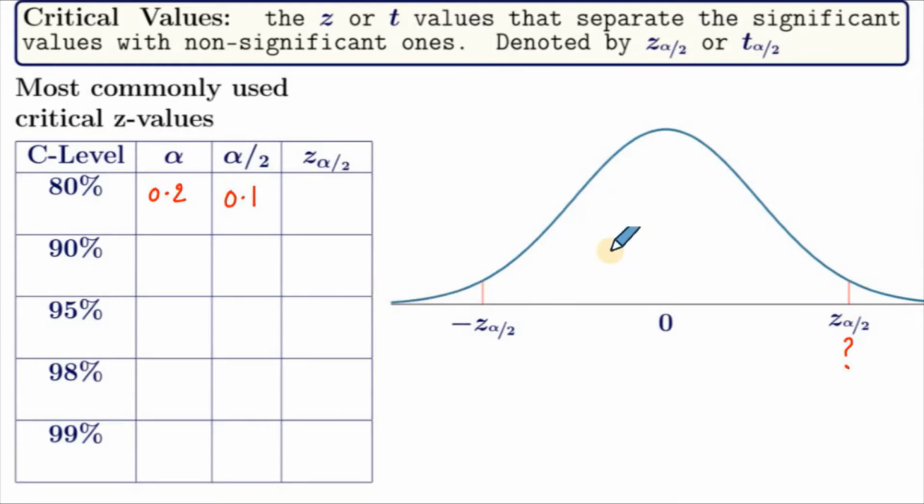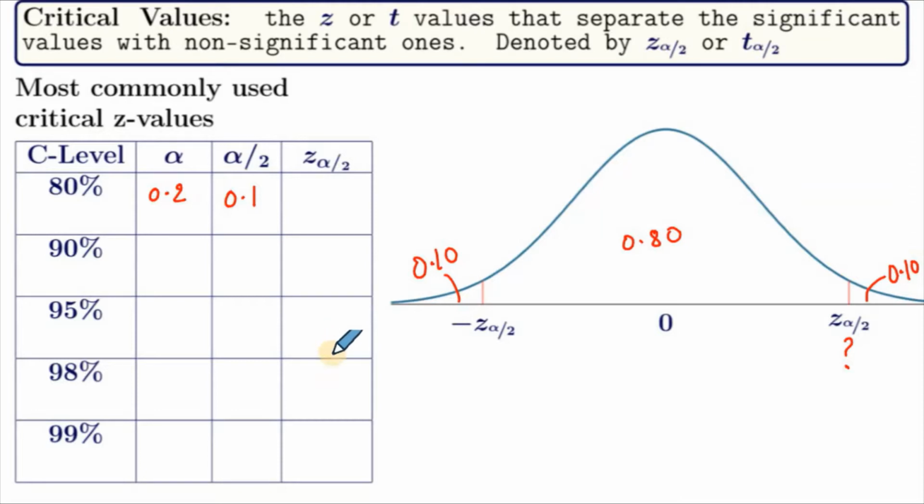So now let me label this graph here. So we know this area in between is 0.80. This area is 0.10, and similarly this area is 0.10. So when we add these two areas, this one and this one, we get 0.90.